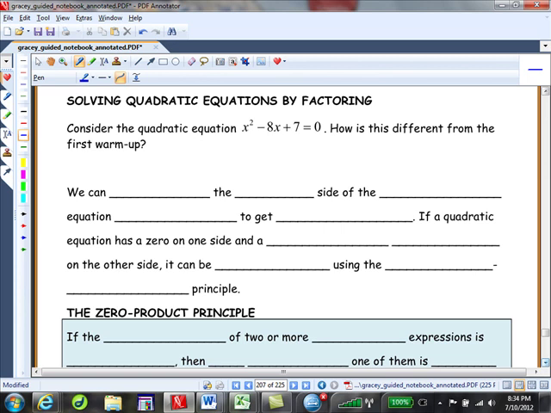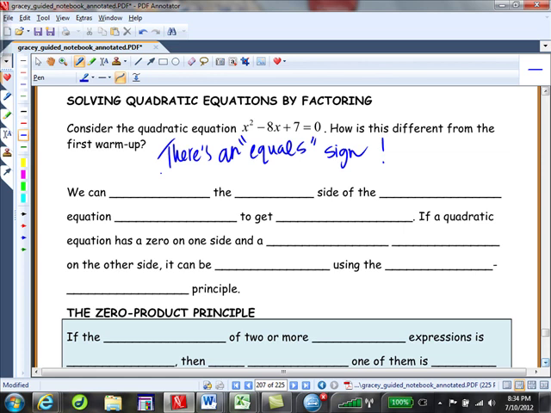So what do you think? How's it different? Well, good, yes. There's an equal sign. That means we'll be able to solve for the variable x. Aren't you excited?